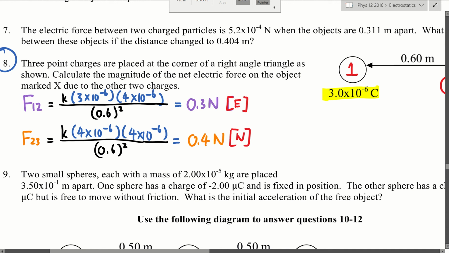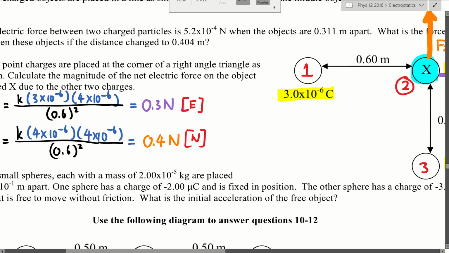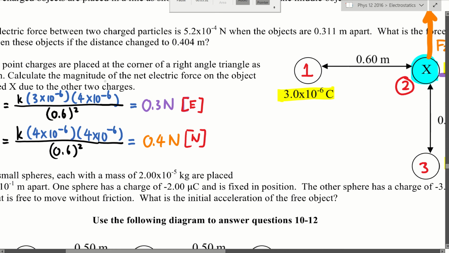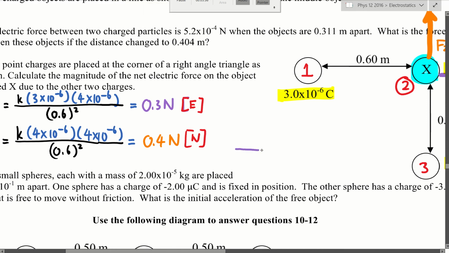They're both positive numbers. We don't use any negatives in our equation in electrostatics. And one goes east, one goes north, so you cannot just add or subtract them. What we have to do is draw it as a vector. Go east, 0.3 Newton.